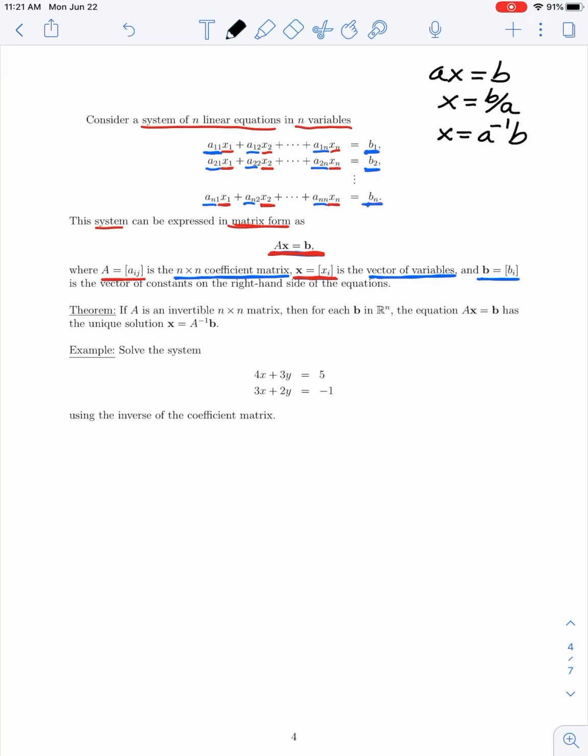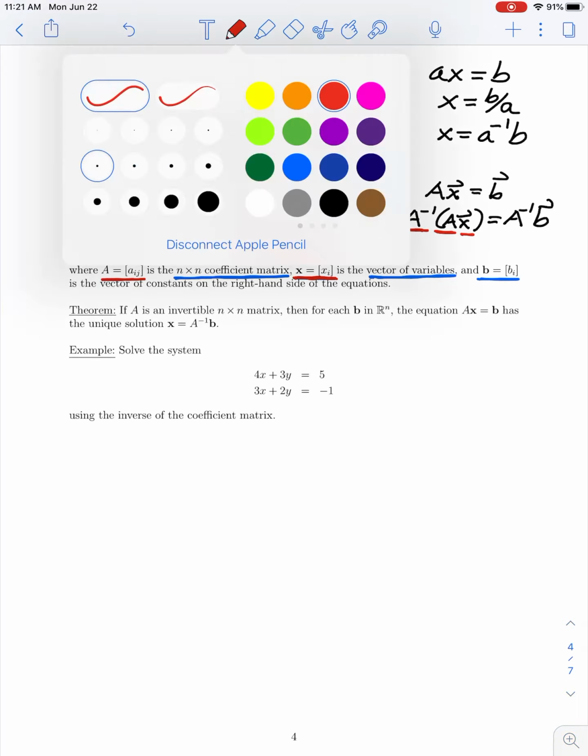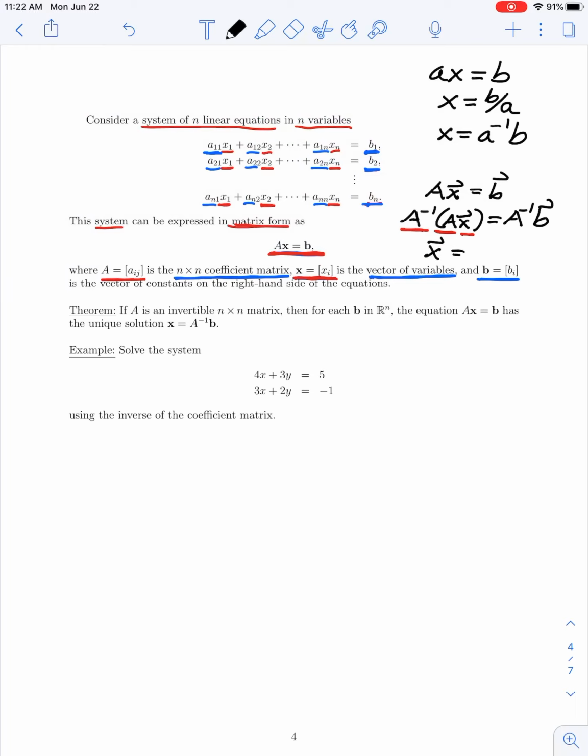So if I have the equation a times x is equal to b, and I multiply both sides of this equation on the left-hand side by a inverse, then on this left-hand side, my a inverse times a is the identity matrix. It acts as the number 1. So I would have the identity matrix times x, which would give me x, is equal to a inverse times b, as long as a inverse exists.